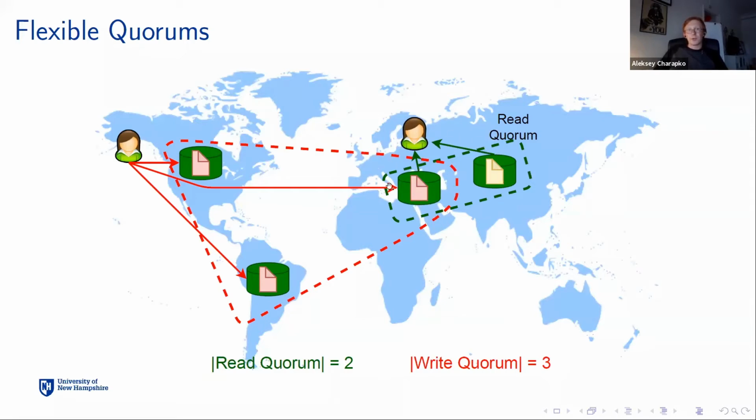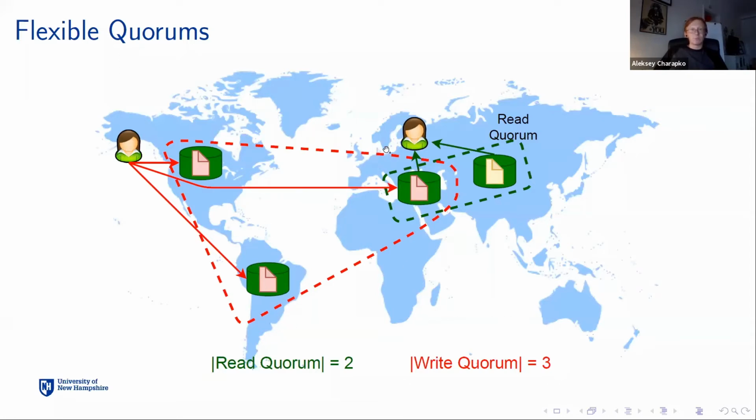So in this case, by adding just one more site, this client can now have a read quorum of 2 nodes that is fairly small, fairly quick, not far away from her. This client can also get a read quorum of 2, also somewhat okay.